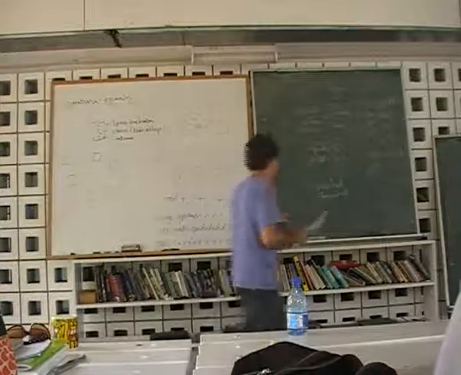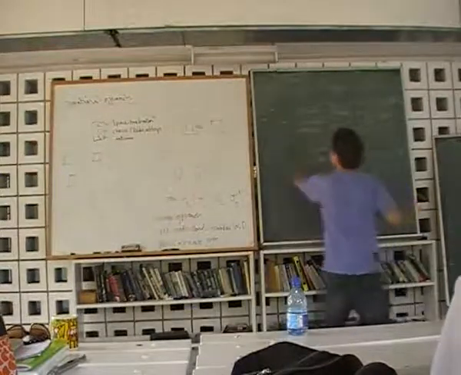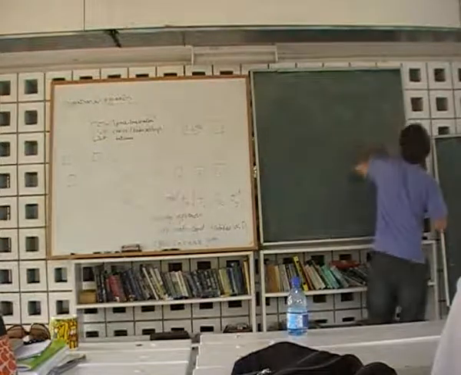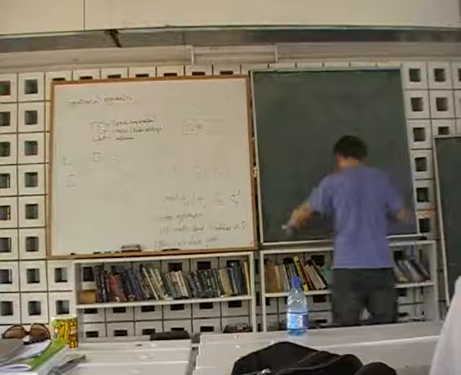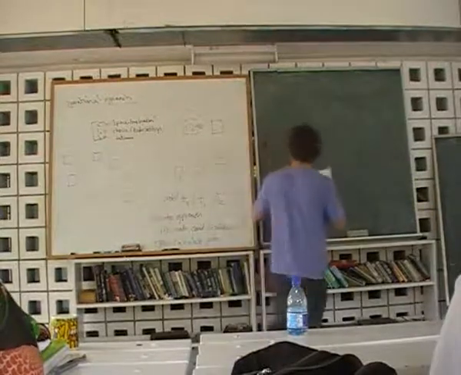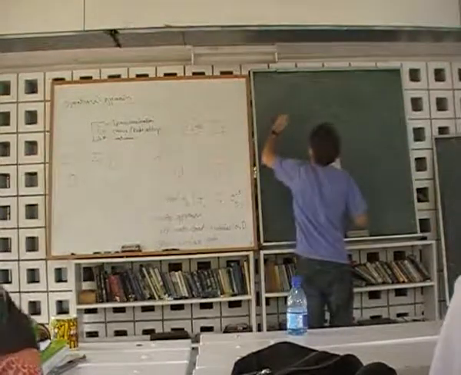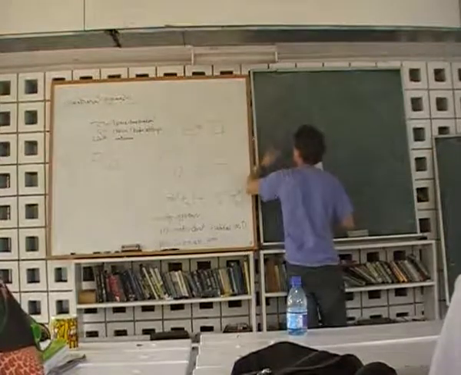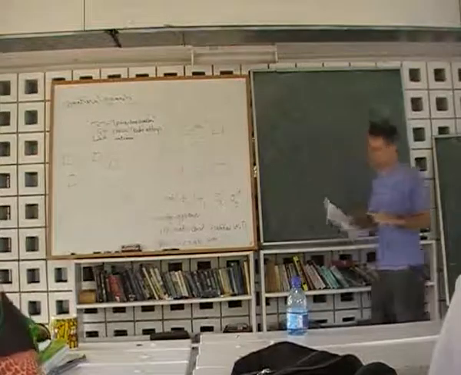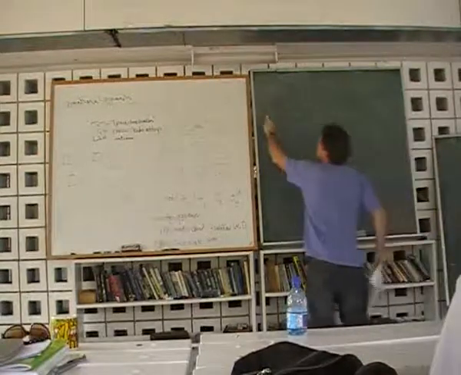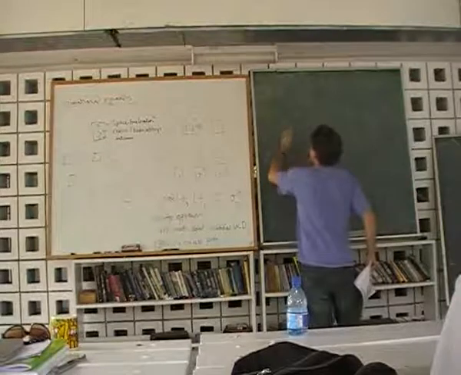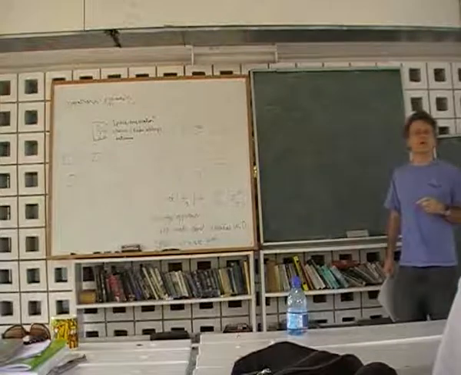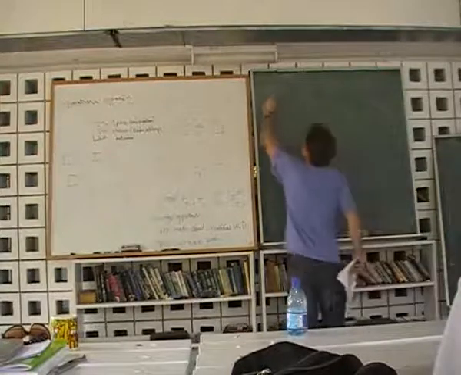So let me say how this works. I have all these boxes, and I can circle some bunch of them. Here I've circled a bunch of them, and I can regard that as a region of space-time.